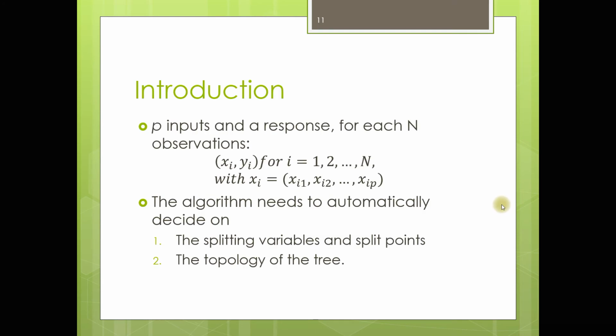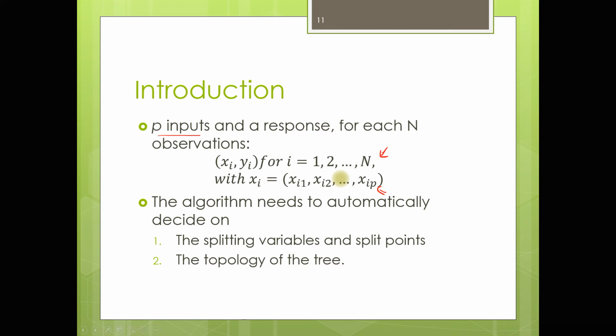In a decision tree, we will have a set of P inputs. I think you are used to this notation. And a response, which is going to be a quantitative response for the time being, but the same thing applies for the categorical case. And then you will have the number of observations, defined by i equal to 1 up to n. So you'll have n cases in your data, and your feature space consists of P variables.